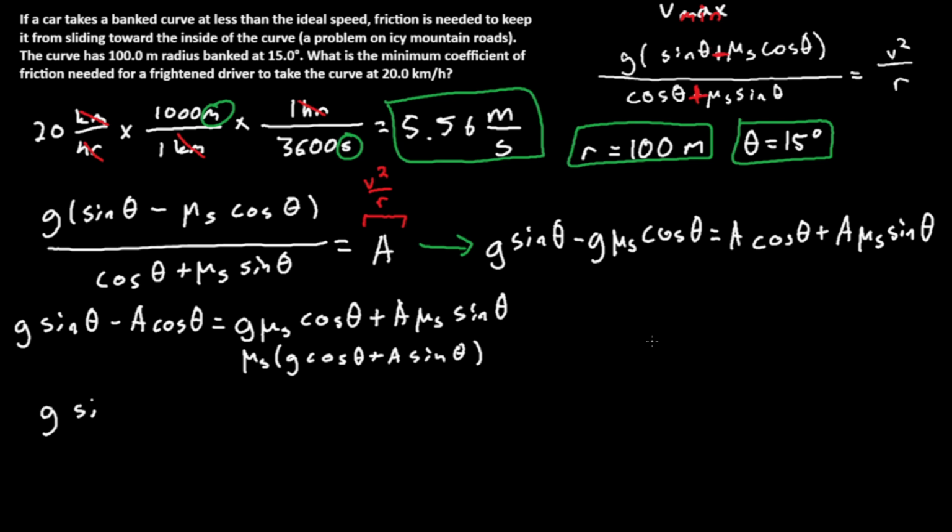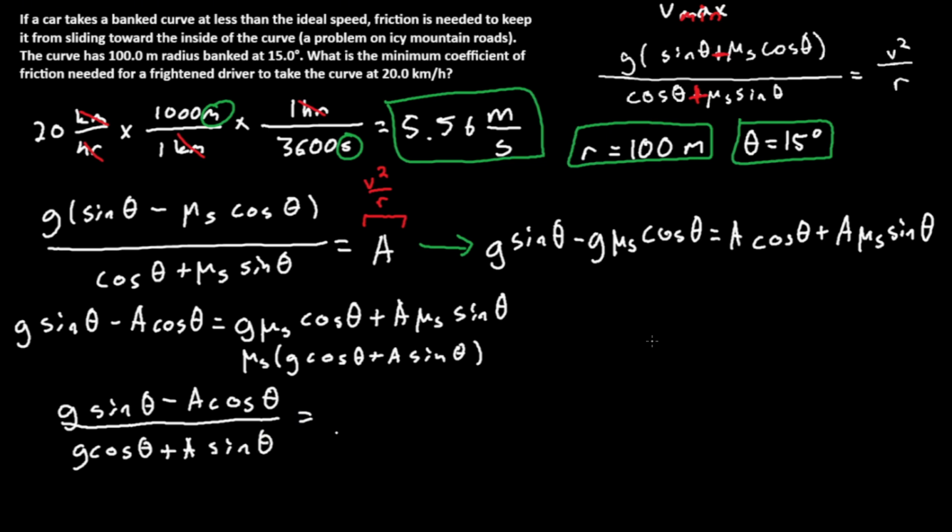So we get left with gravity sine of theta minus a cosine theta, all divided by this term right here, gravity cosine theta plus a sine of theta. And all of that is equal to your static friction coefficient.